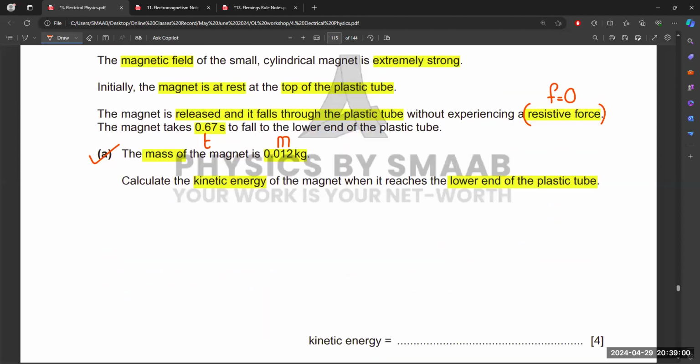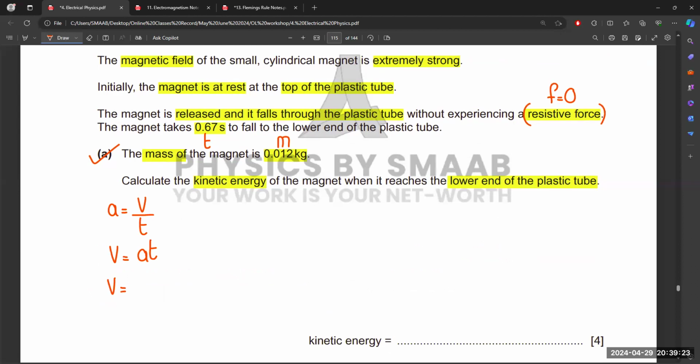So according to that, if we use the formula of acceleration, acceleration is equal to rate of change of velocity. Velocity is equal to acceleration times time. So for acceleration, we will use acceleration due to gravity, like in free fall motion, because there is no resistive force.